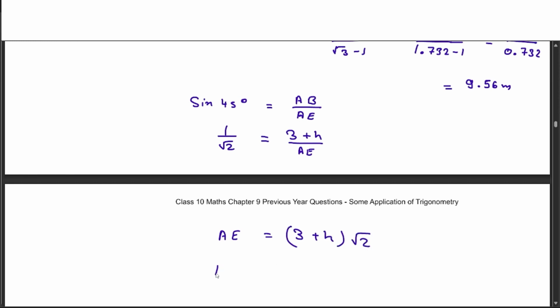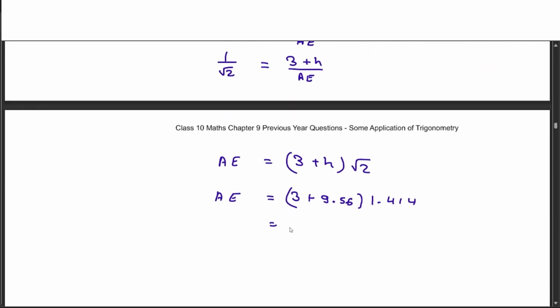So AE is equal to 3 plus 9.56, since you already know the H value, times root 2, and you already know how much that is? 1.414. Now you can solve this one. 3 plus 9.56 is 12.56 times 1.414.